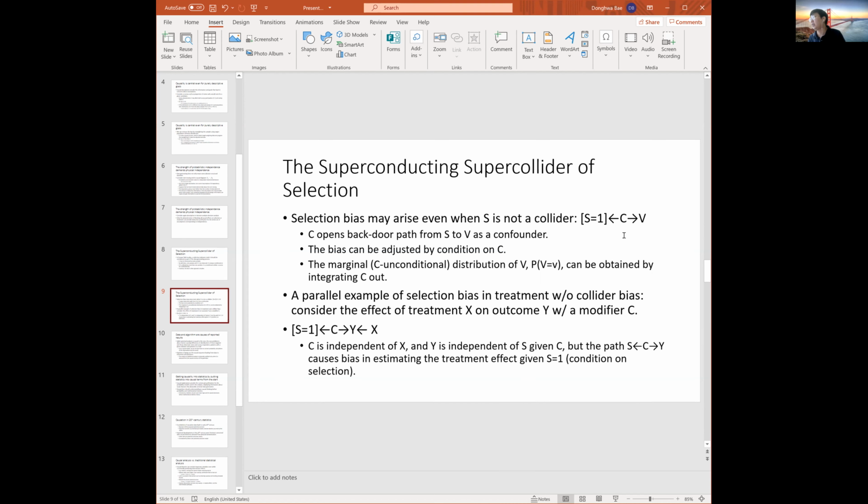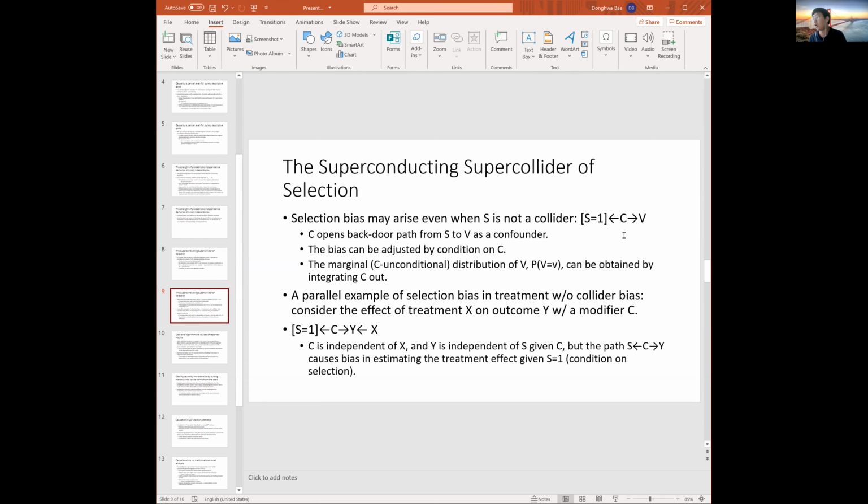So when S is a collider, we can easily see that it can cause a bias. However, even in the case where S is not a collider, it also causes a bias, and we need to think about how to adjust that bias by some kind of conditioning or reweighting, which we saw before.